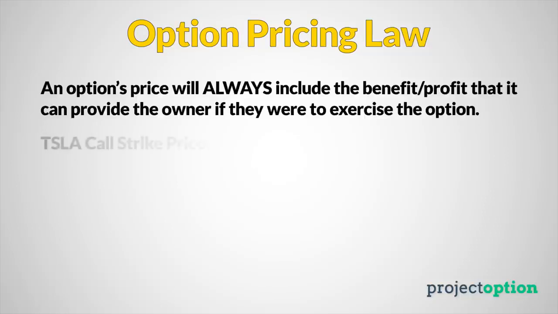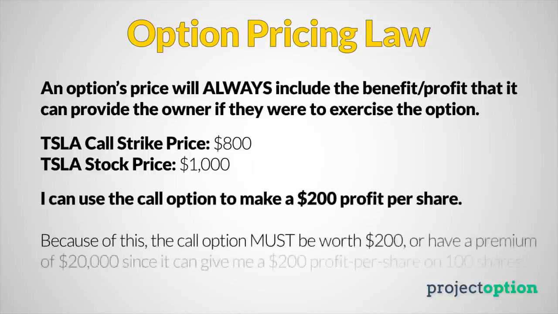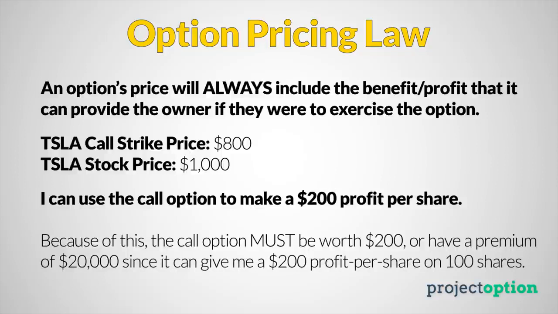So in the example where I buy the 800 Tesla call option and the stock price goes to $1,000, since my call option can buy shares of stock $200 below the current stock price of Tesla, my call option's price will be at least $200. And that's just the price. So if we multiply by the contract multiplier of 100, we get an option value of at least $20,000.